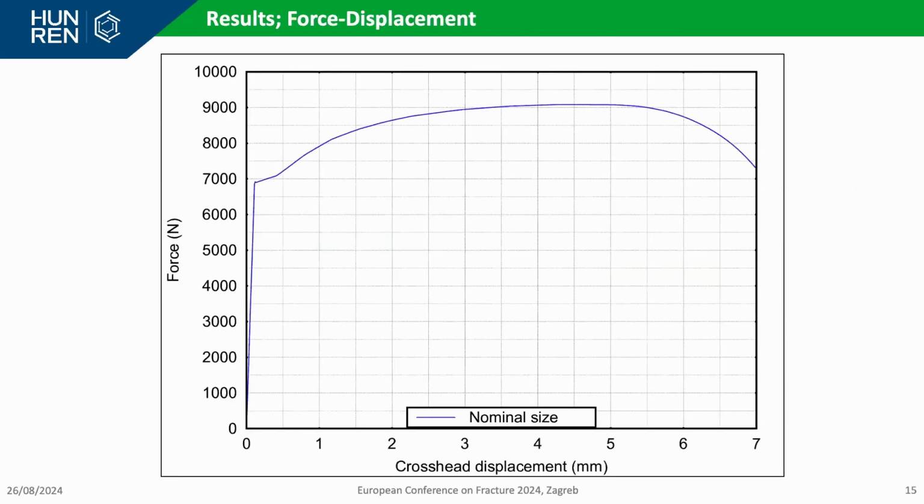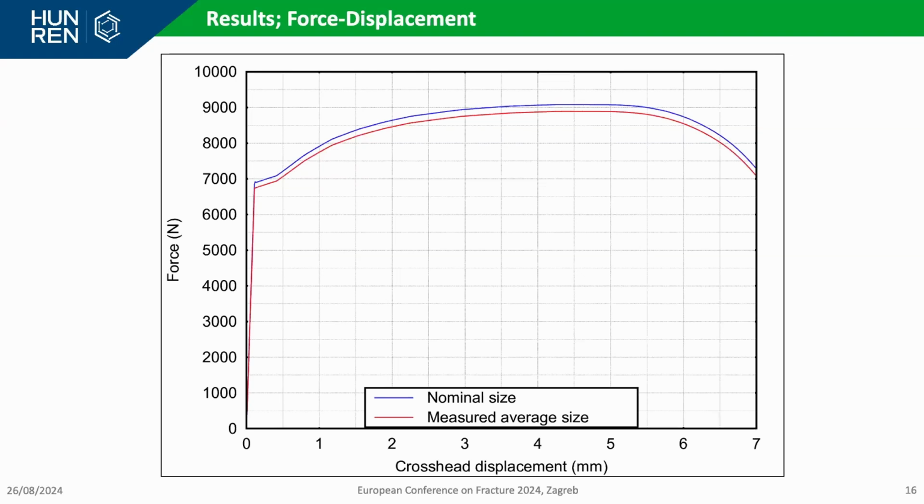If you look at the force displacement diagrams, you can see here the nominal size. So this is the base. Let's compare the others to this one. This is using the measured average size. The shape is very similar, but the values are significantly lower.